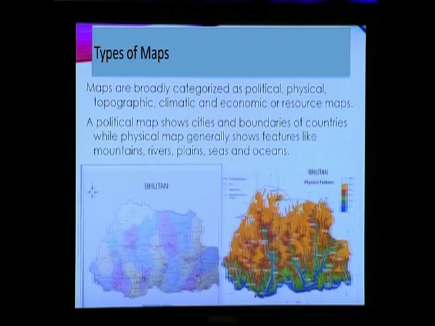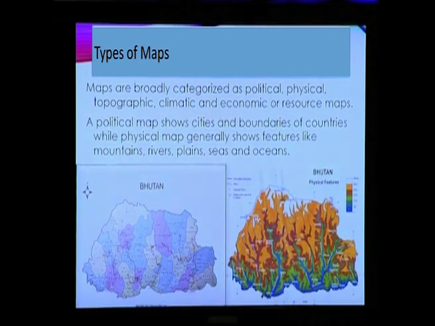A political map shows cities and boundaries of countries, while physical map generally shows features like mountains, rivers, plains, seas and oceans. So, if you look at these 2 maps of Bhutan, the first map is a political map.